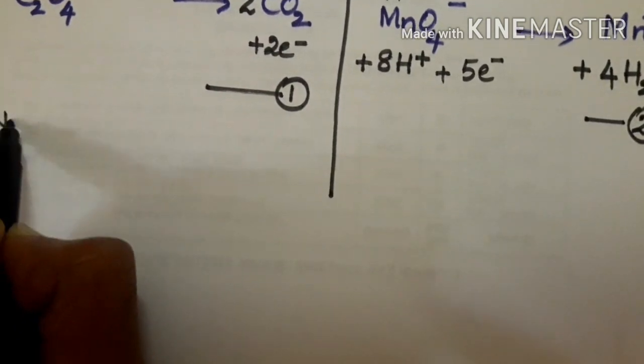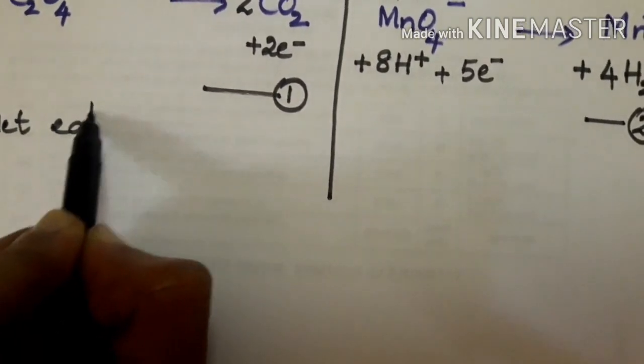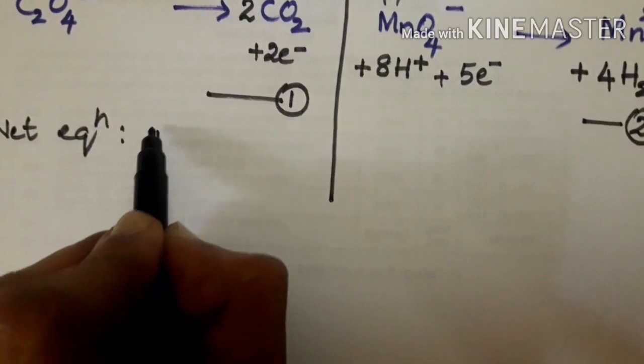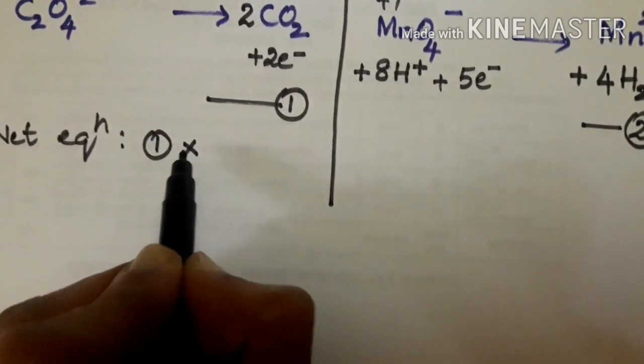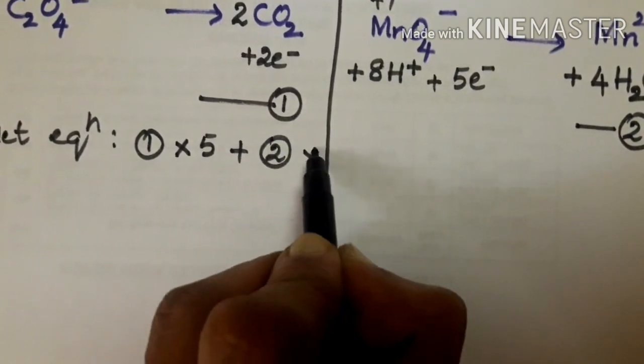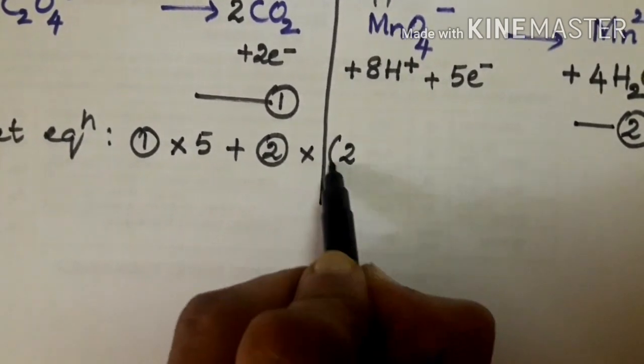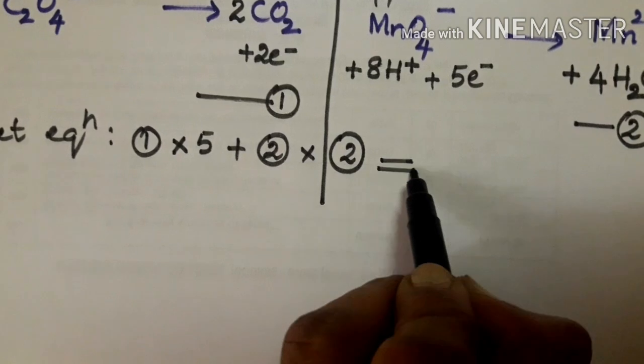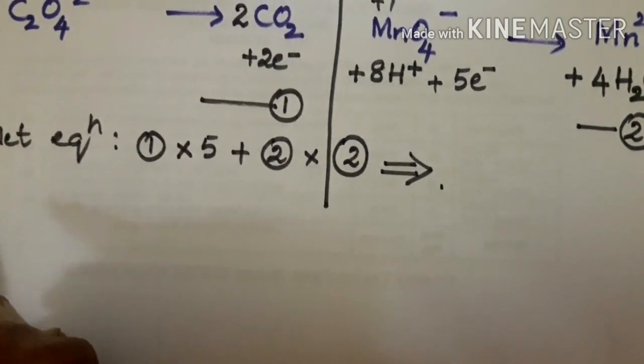So the net equation can be written as, yes, how will you solve the equation? First equation into 5 plus second equation into 2 will give you the answer. So what will be the balanced equation?